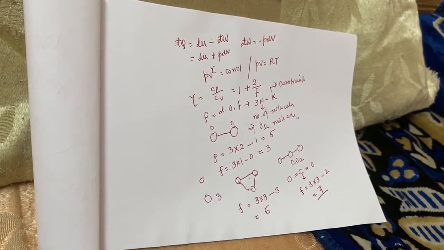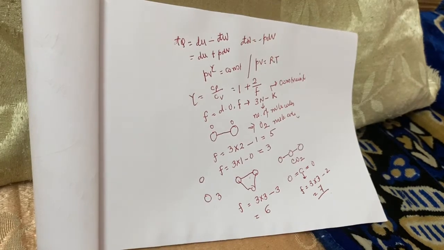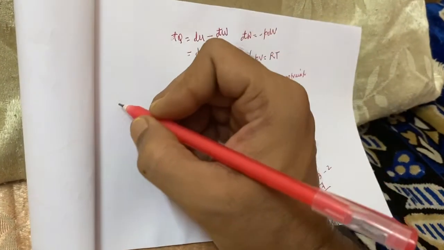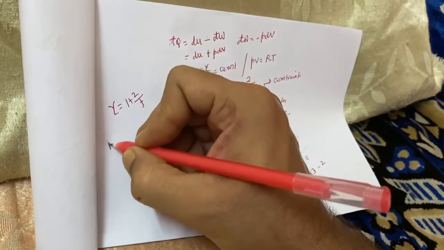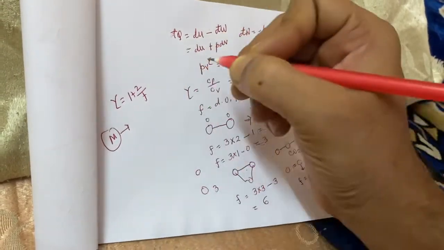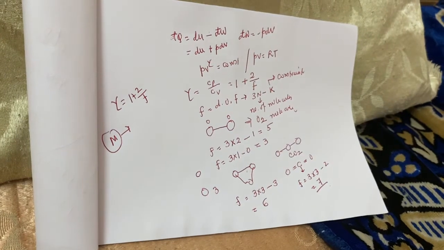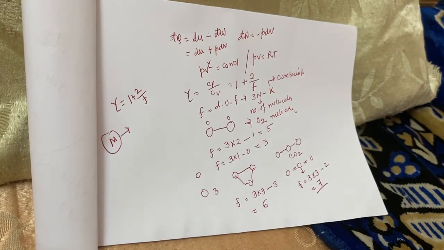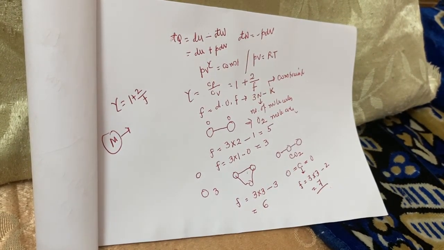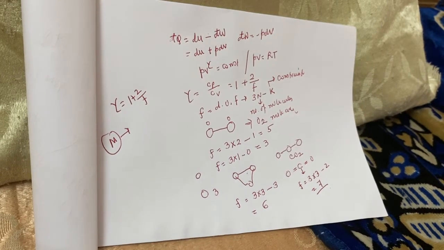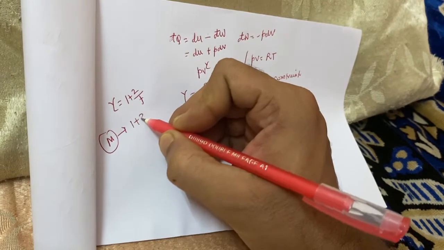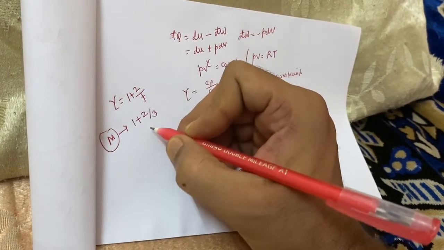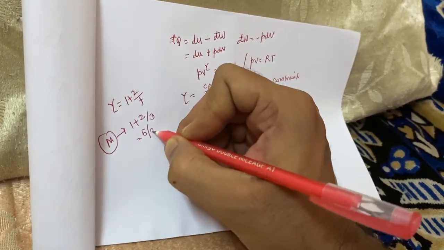So, for a monoatomic molecule, gamma is equal to 1 plus 2 by f. What will happen? Cp by Cv, 1 plus 2 by f, that means 1 plus 2 by 3, that means 5 by 3.